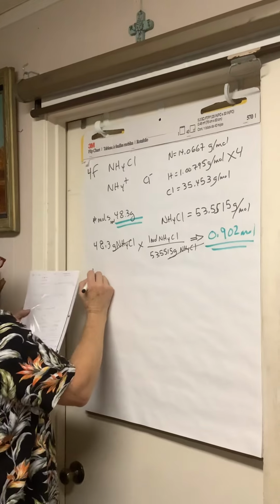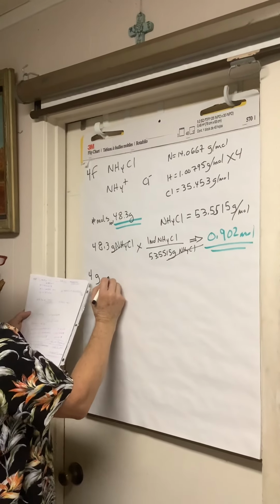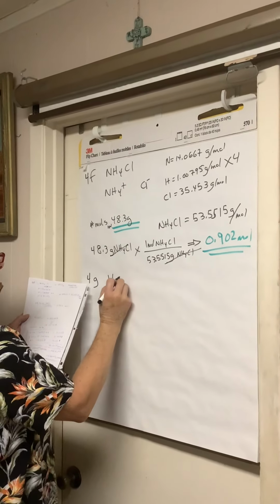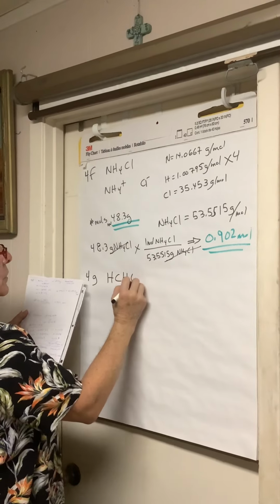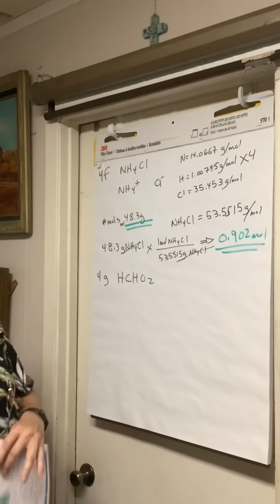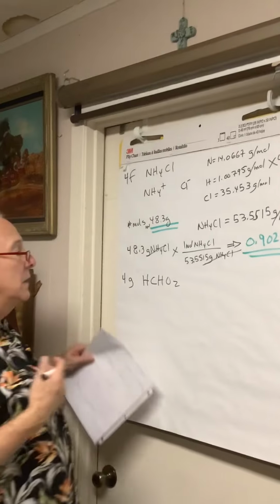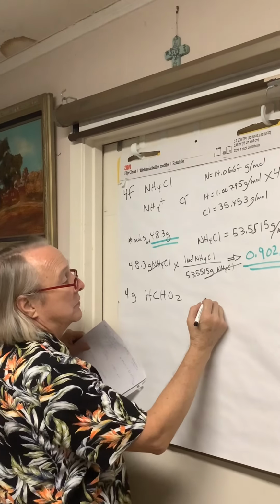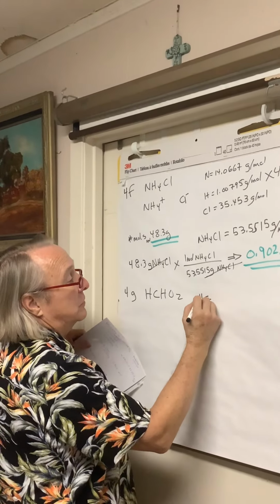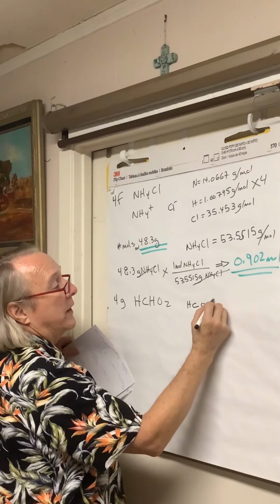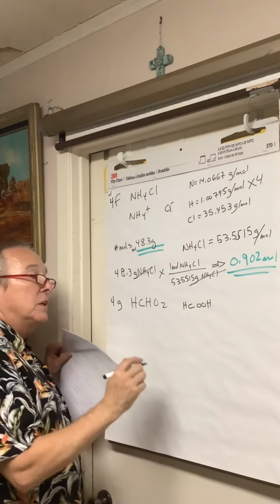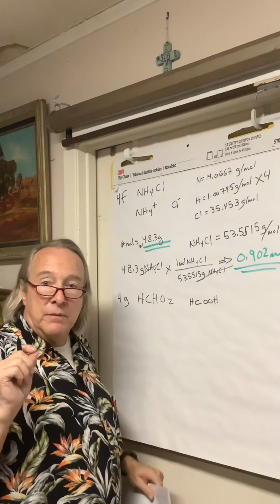And finally, for G, they give this weird compound, HCHO2. Chemists crack me up. I'm a biochemist. I would write this as HCOOH, because this is formic acid. A very simple acid.